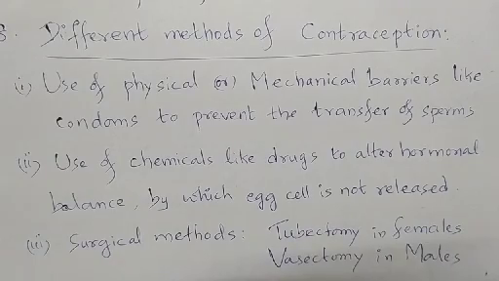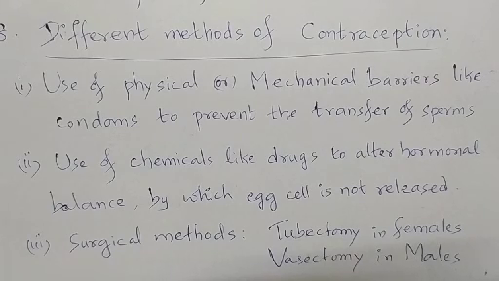Next, 8th question. What are the different methods of contraception? Contraception is a process of preventing the occurrence of pregnancy. And we have already learnt contraception is carried out by 3 methods: by the use of physical or mechanical barriers, use of chemical barriers, and surgical methods.